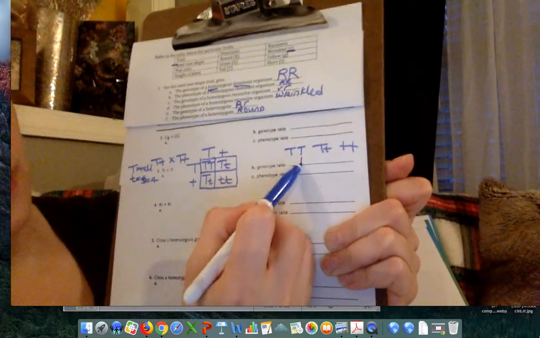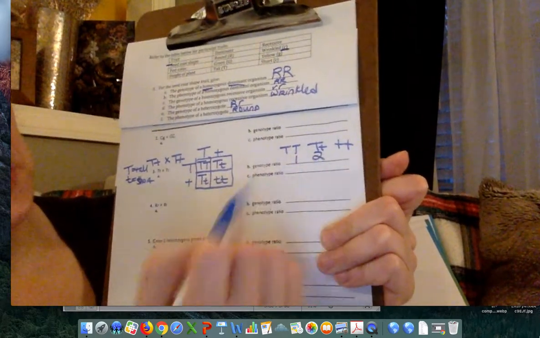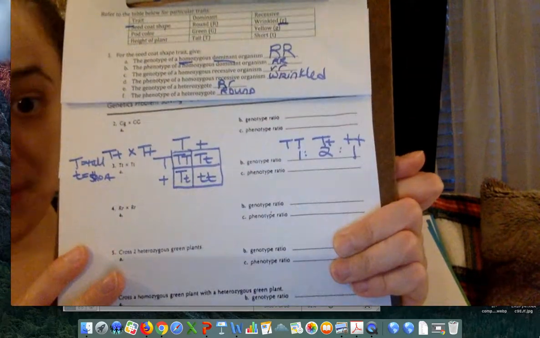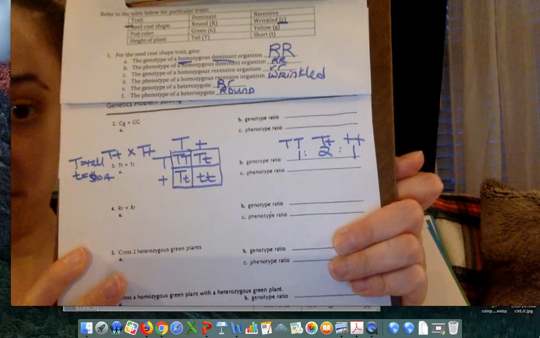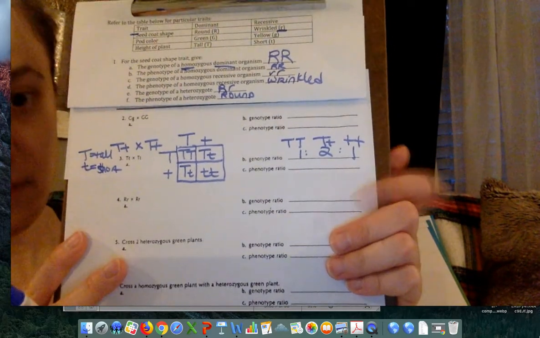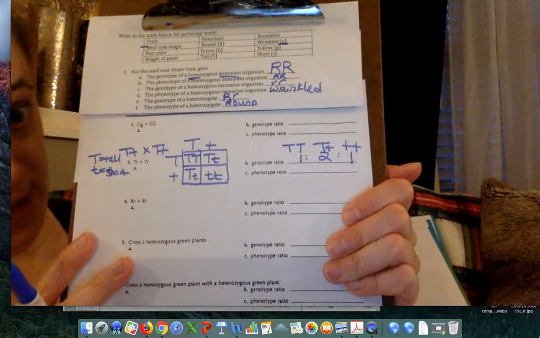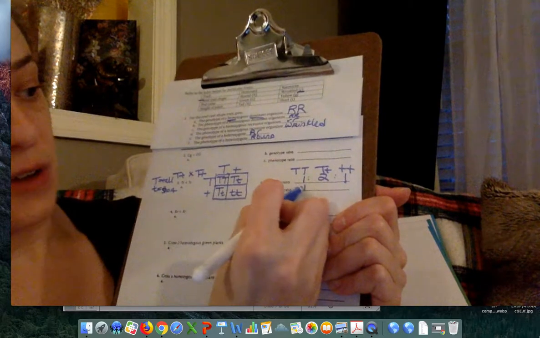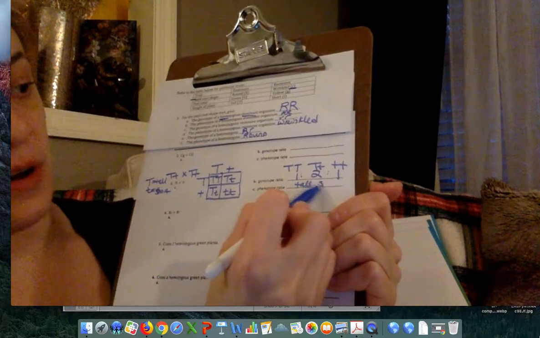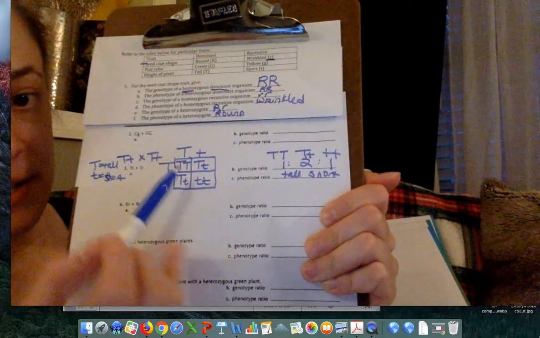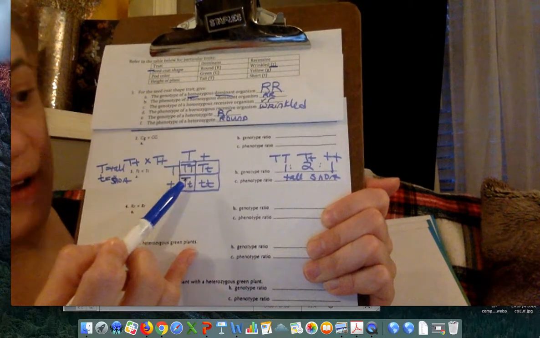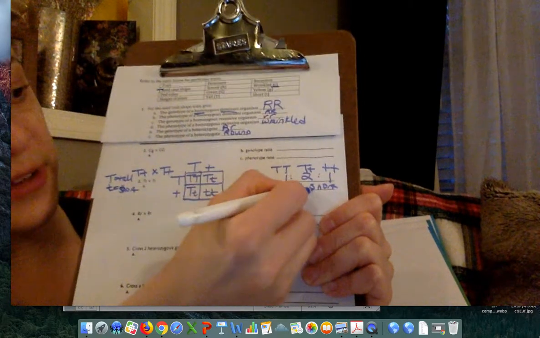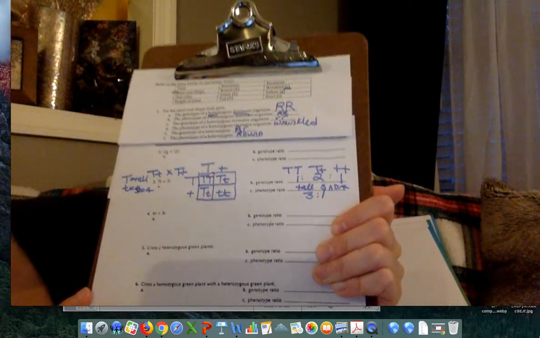So we have 1 homozygous dominant, we have 2 heterozygotes, and we have 1 homozygous recessive. So that would be our probability ratio for the genotype. Our probability ratio for the phenotype, well, there's 2 phenotypes possible. So the 2 possibilities are tall and short. So here, anything with a capital letter is tall. So there's 3 possible talls, but there's only 1 possible short. Okay?